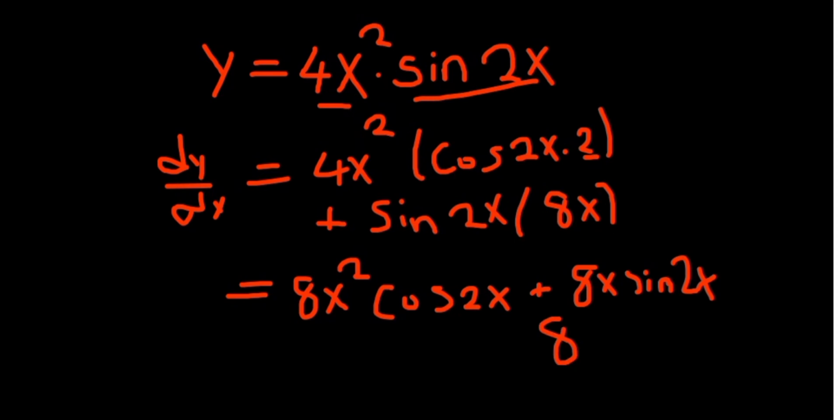So it is going to be 8x sine 2x. Okay, so that's another example. That's all about the product rule.